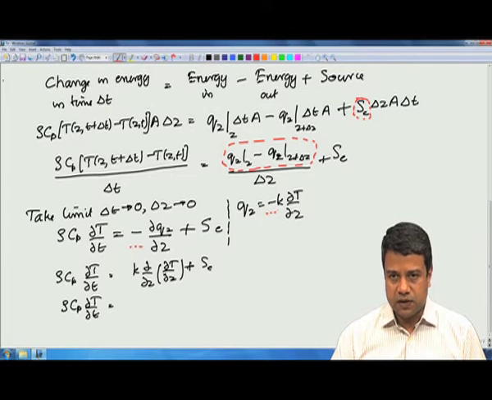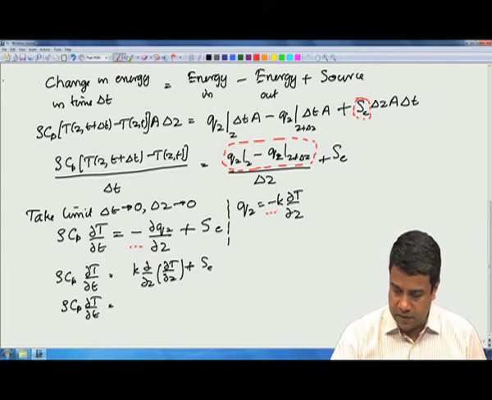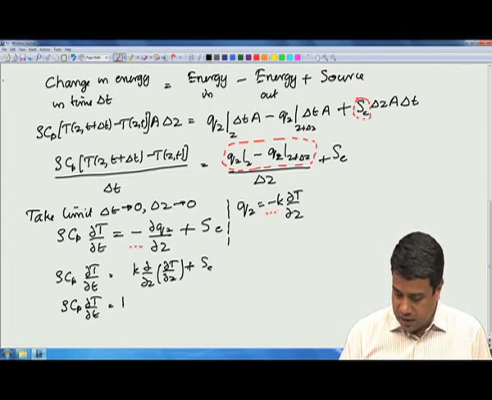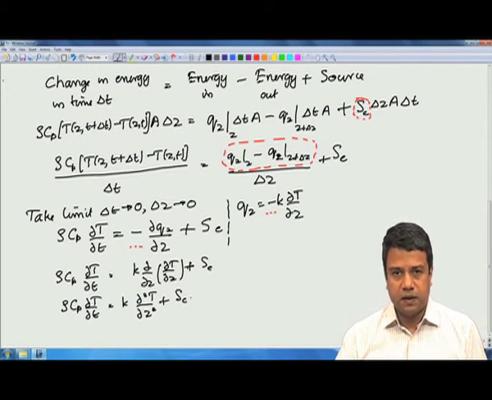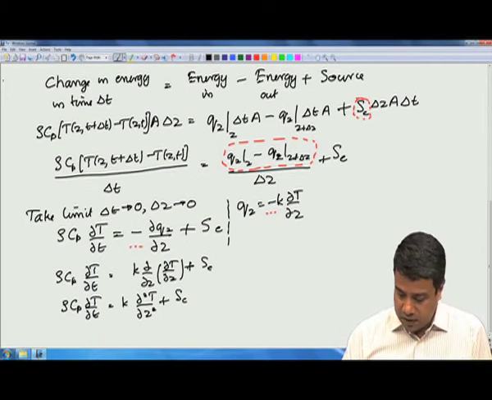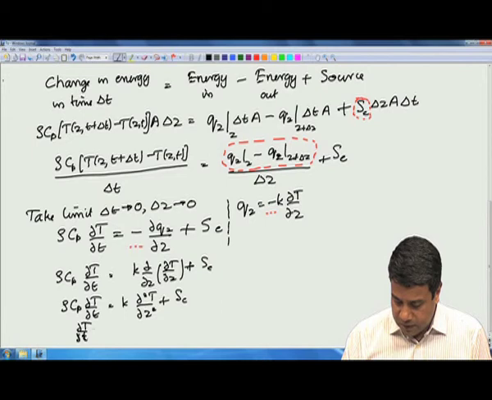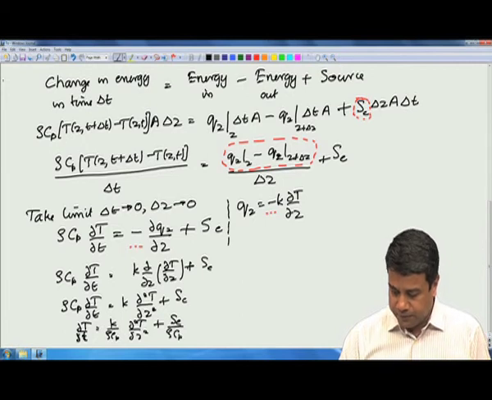So, in the end you will get a positive sign in the equation for the temperature field. Okay. So, you will get k d square T by dz square plus Se. Alternatively, if I divide throughout by rho Cp, I will get partial T by partial t is equal to k by rho Cp partial square T by partial z square plus Se by rho Cp.